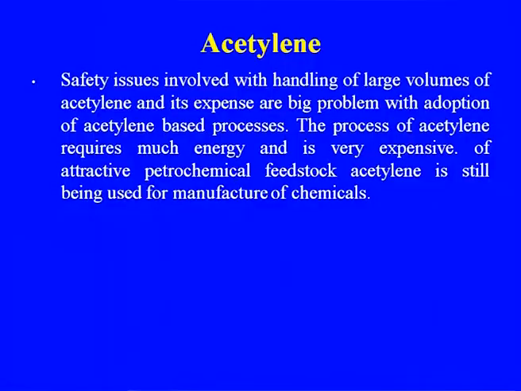One of the problems is the safety issues involved with handling a large volume of acetylene, and that explains a big problem with the adoption of acetylene-based processes. The acetylene process requires much energy and is very expensive compared to attractive petrochemicals. Still, acetylene is being used for the manufacture of chemicals.